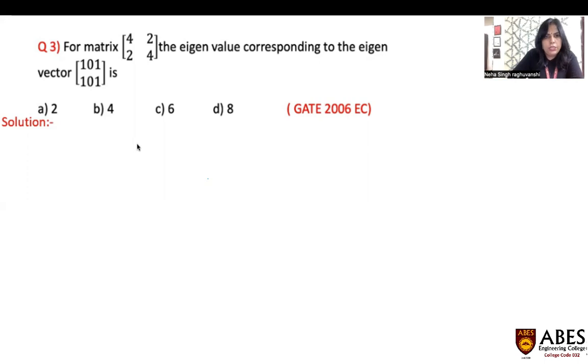The equation is (A minus lambda I) into x is equals to 0. Here A is the given matrix, lambda is the eigenvalue and x is the eigenvector.